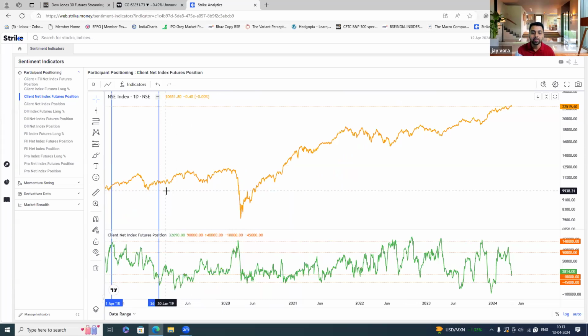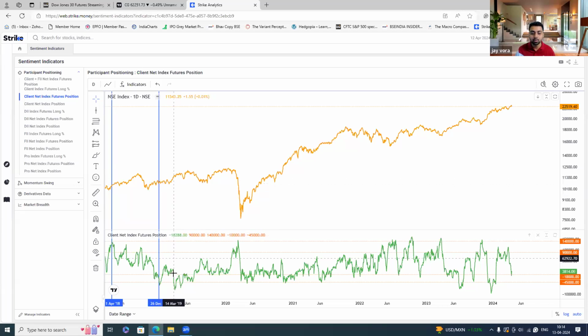After that, there was one major top that was actually made over here in the client positioning. Clients were net short over here, and that ended up resulting in a top in the Nifty index. Over here as well, you can see that when they were net short by more than 45,000 contracts or so, this rally peaked out, and it saw consolidation for a meaningful period of time.